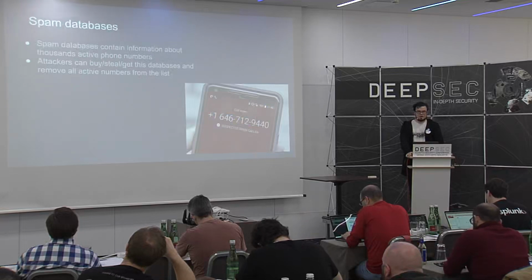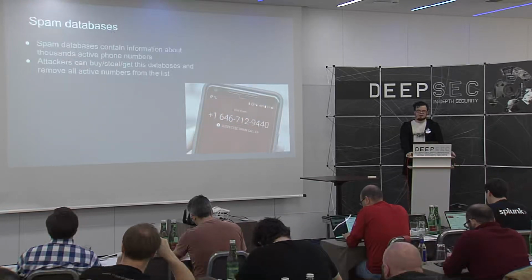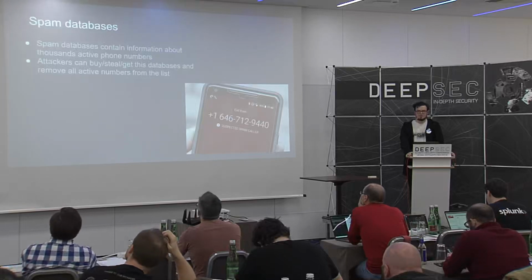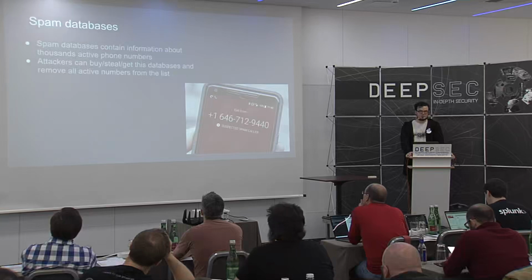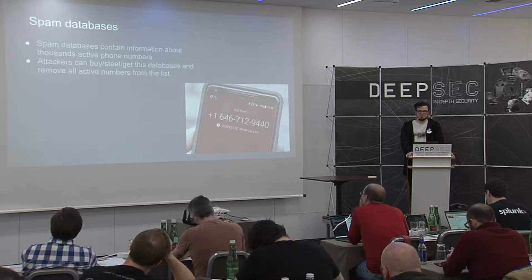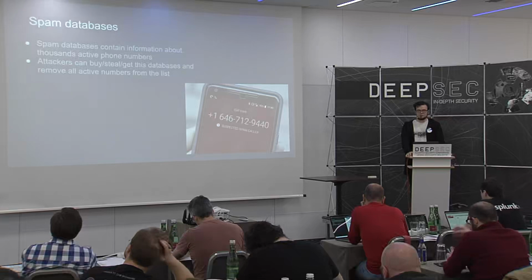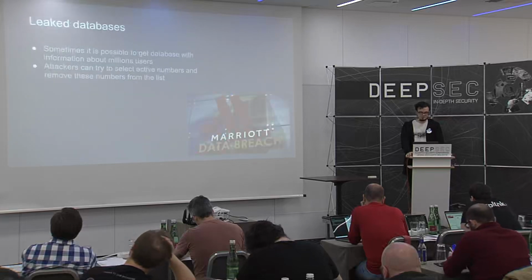Also, usually a lot of people get a lot of spam, and sometimes you can just buy an old database, or you can buy a not effective database from the spammers, and you will know that a lot of phone numbers from this database are used by people, not by the GSM devices. And you can just remove these phone numbers from your potential target list.